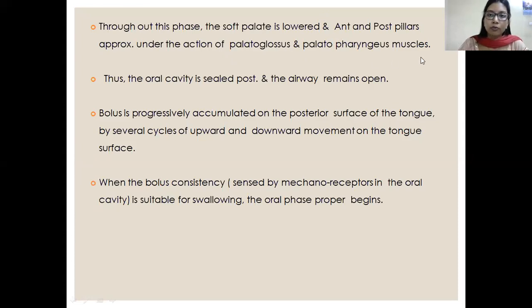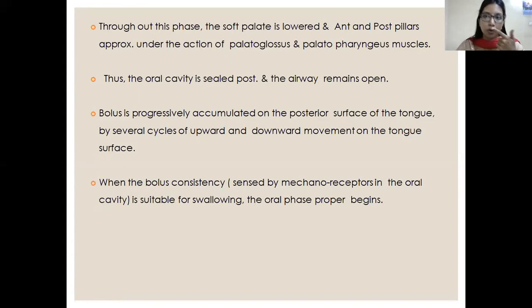So while chewing the food, to cut the oral cavity from the remainder of your pharynx, what happens is that the soft palate comes down and both the pillars close so as to make this a closed cavity for chewing. Thus the oral cavity is sealed from the posterior and the airway remains open.